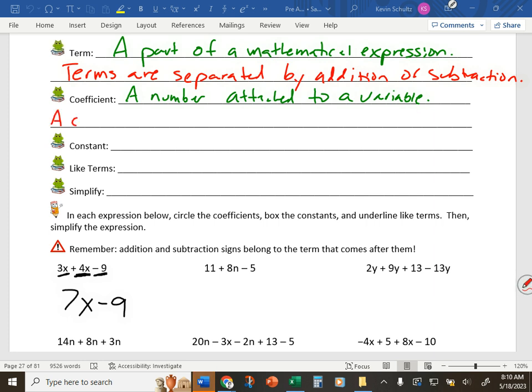A coefficient tells you how many of the variable you have. Okay? A coefficient is a number attached to a variable, and what it does is it tells you how many of that variable you have.